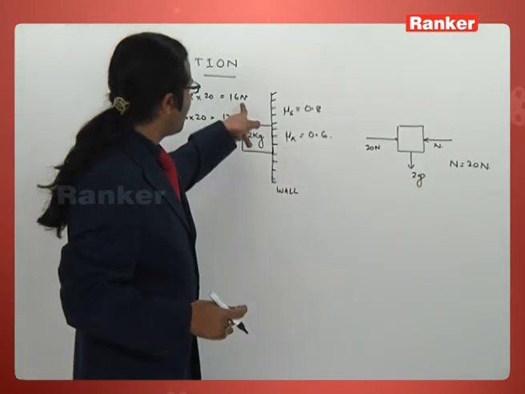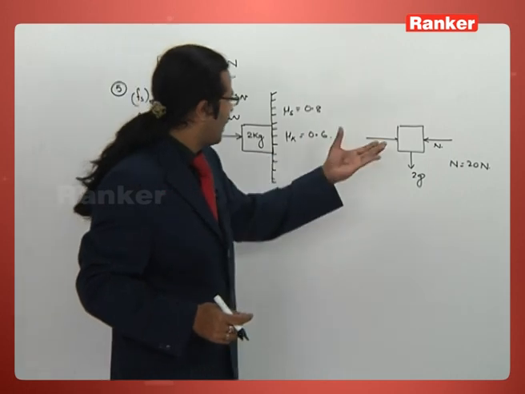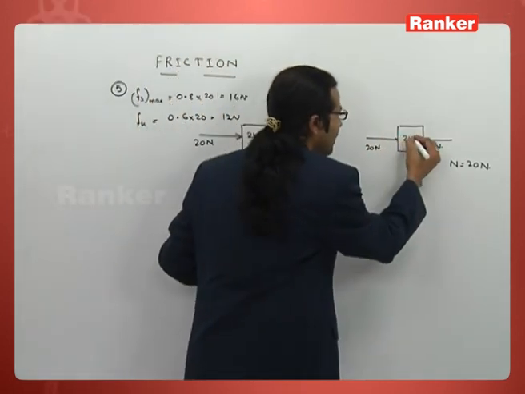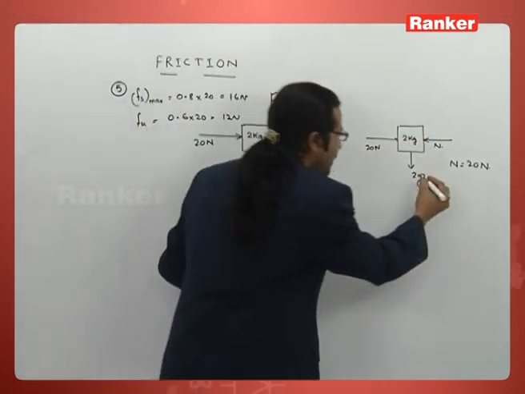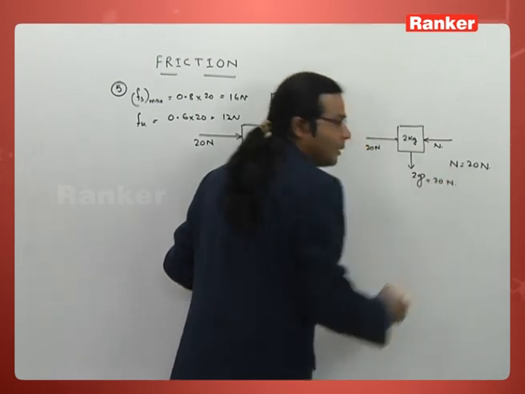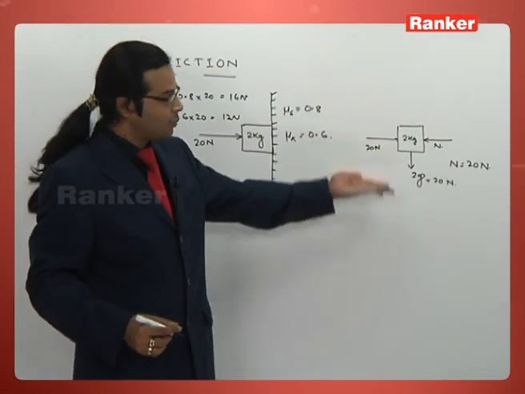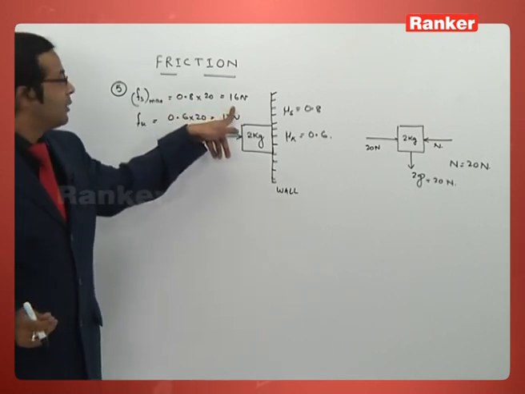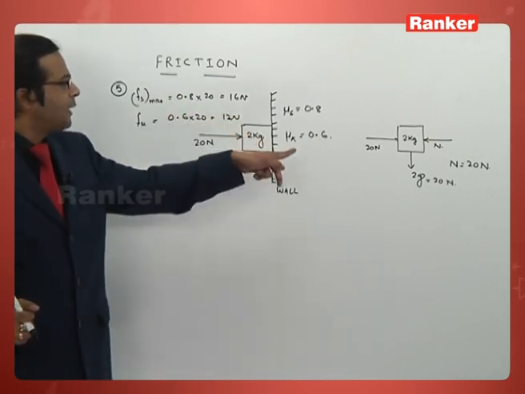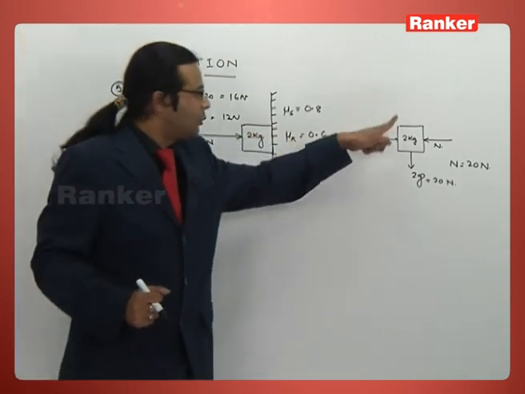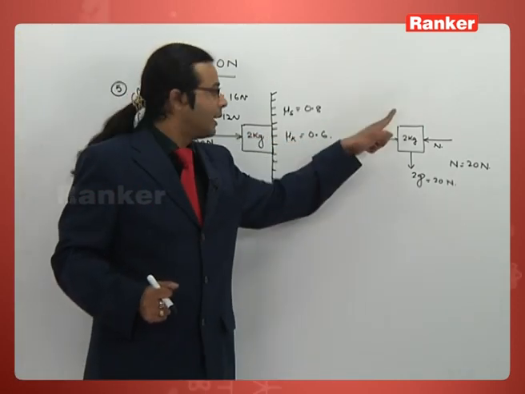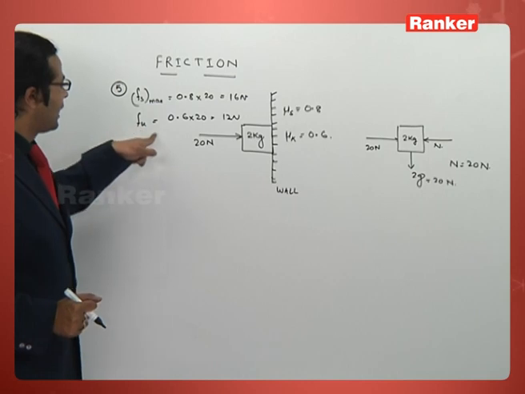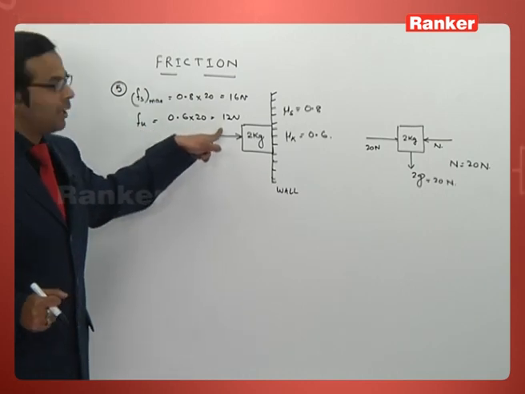Now the static frictional force is 16 Newton and the gravity acting on it, that is the weight, is 20 Newton, which is greater than the static frictional force. So obviously the 2 kg block will accelerate. Now when it is accelerating, kinetic frictional force will come into account.